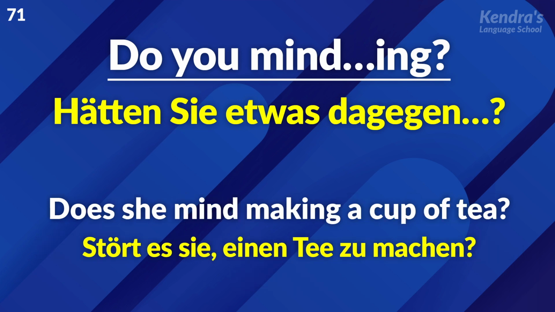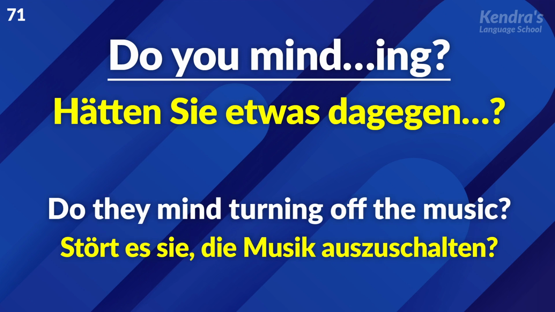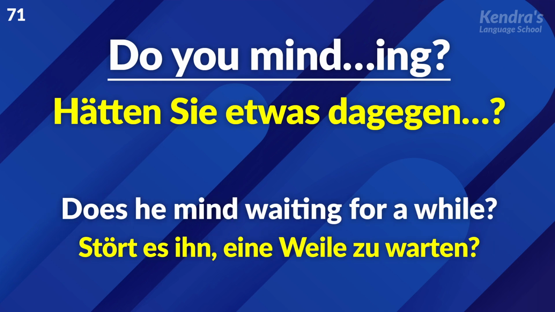Stört es Sie, einen Tee zu machen? Does she mind making a cup of tea? Stört es Sie, die Musik auszuschalten? Do they mind turning off the music? Stört es ihn, eine Weile zu warten? Does he mind waiting for a while?